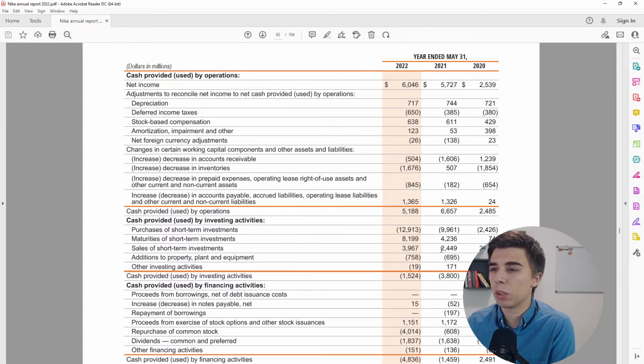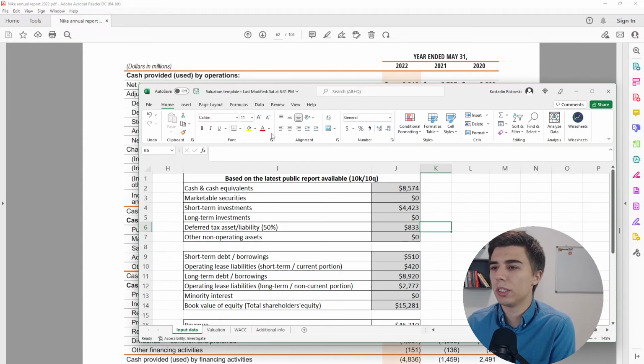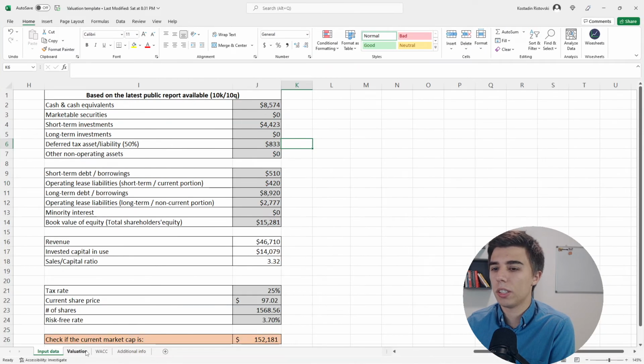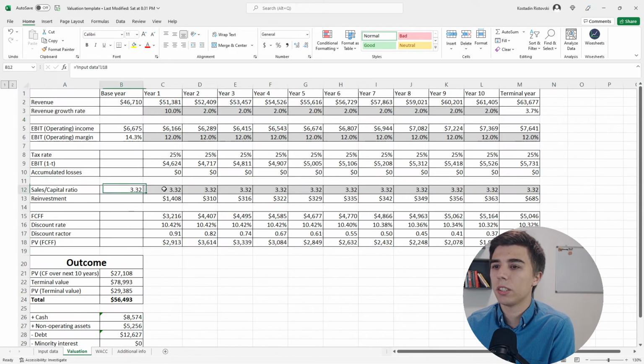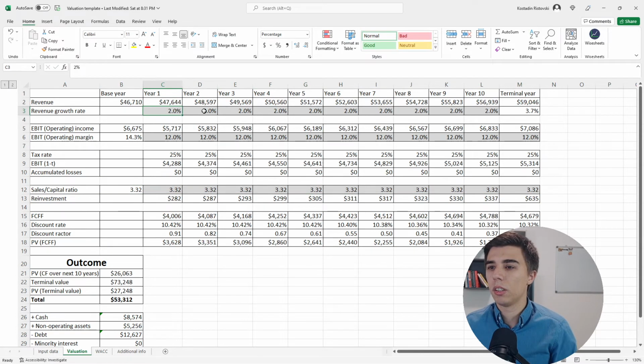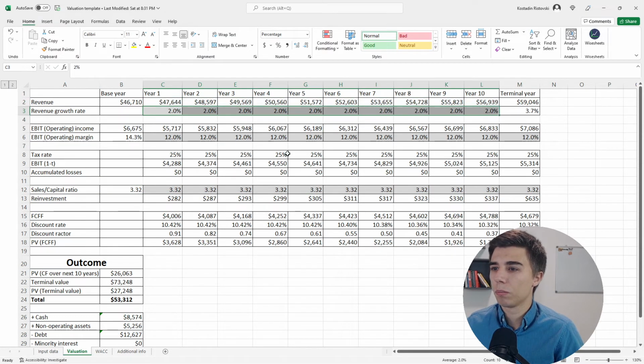Those are significant amounts. The reason why I mentioned this is at some point, if you're using this template, you know that there's this sales to capital ratio. And if you do that, so let's assume that we have a certain rate, this will pop out, reinvestment.